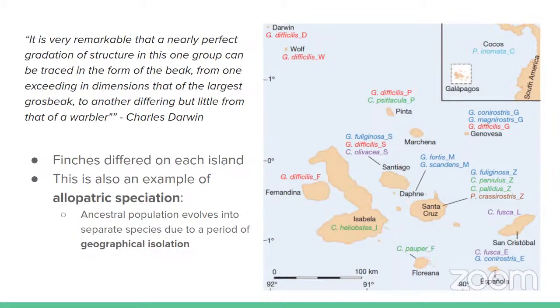So eating different types of food is very commonly the new type of niche we're thinking about. In allopatric speciation, we're thinking about the fact that we're starting with an ancestor that then gets separated into geographically isolated populations, right? So this has to do with the fact that we would have had some original finch making it from the coast of South America out to this island, these set of islands.